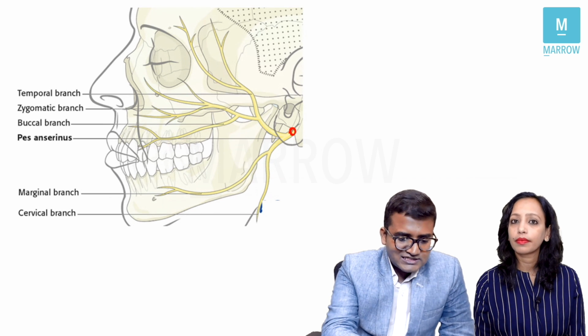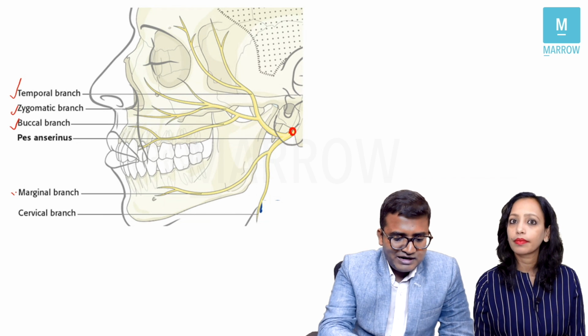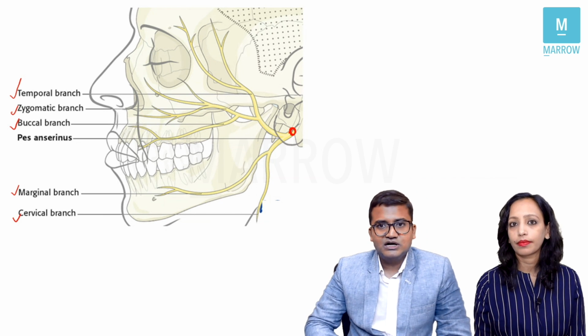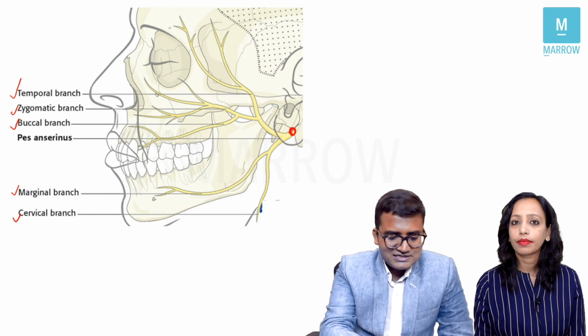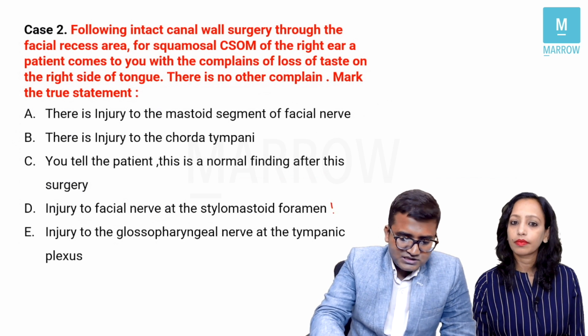What are those? That is the temporal branch, zygomatic branch, buccal branch, marginal mandibular branch, and the cervical branch. And this arrangement is called the pes anserinus pattern. So option D, this is false.